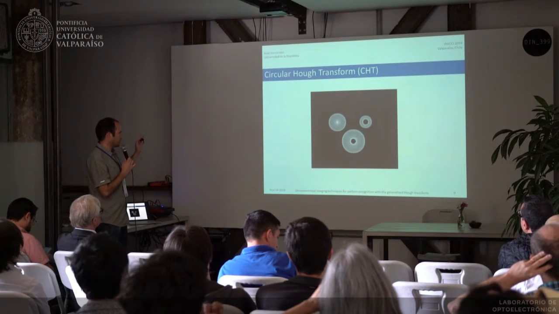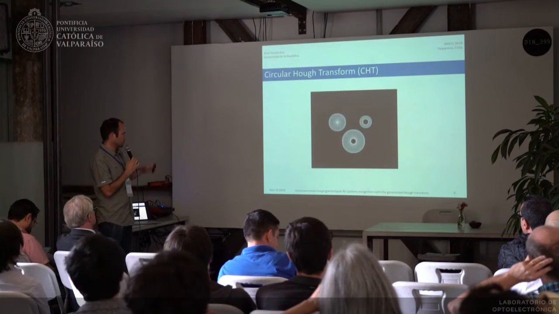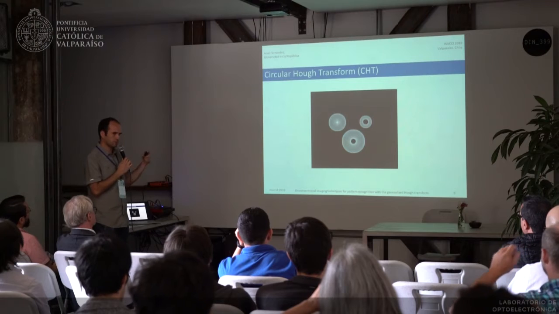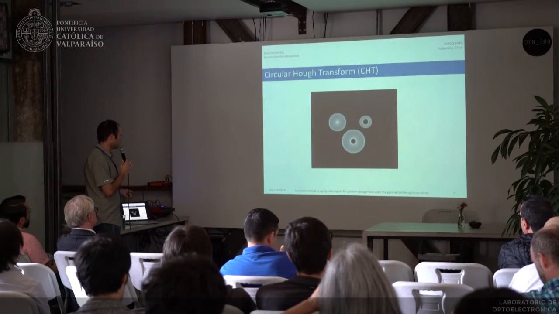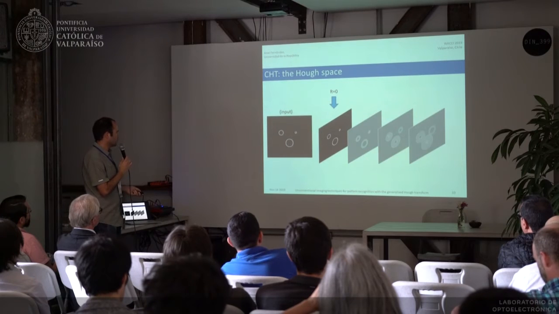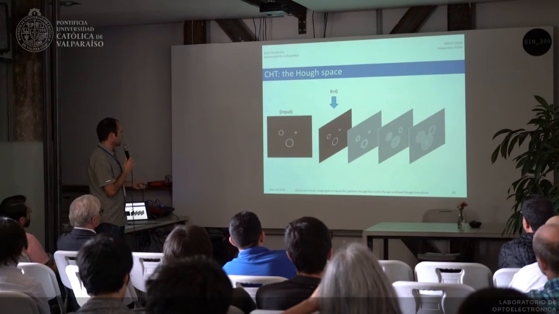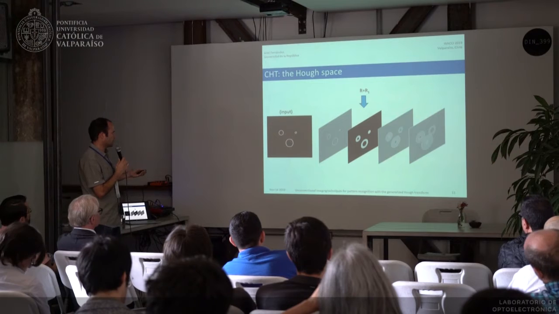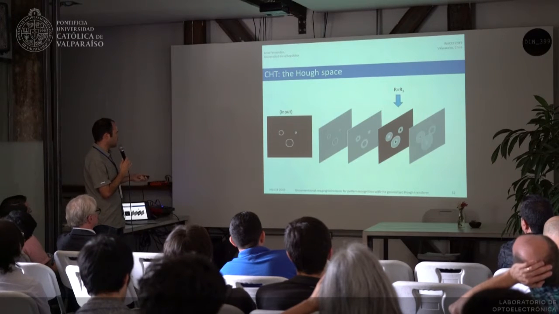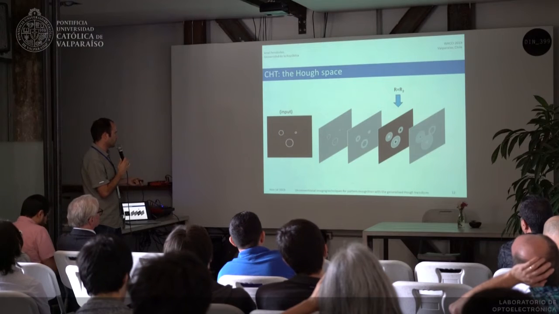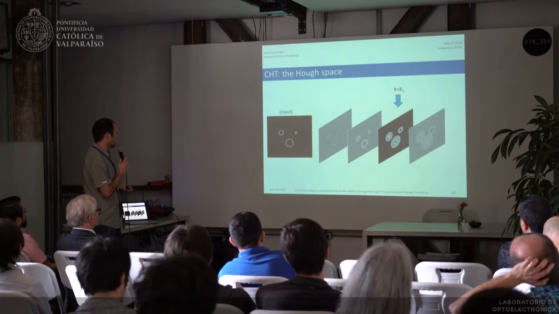At this point, please grasp this image, because we're going to go back to it. So our space, or the slices of this space, look like this. For different radii, we have different transformations for a certain parameter.